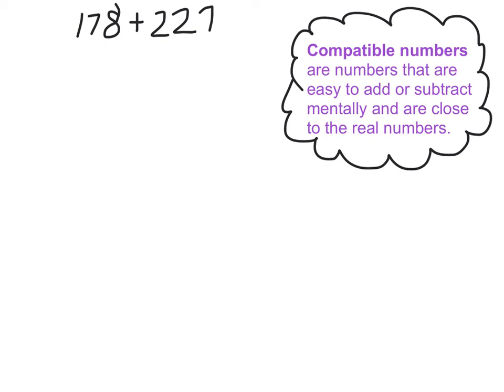So step one is to break apart the add-ins to make them compatible. So we can think, 178 is compatible to 175 plus 3 more, since 175 plus 3 equals 178.